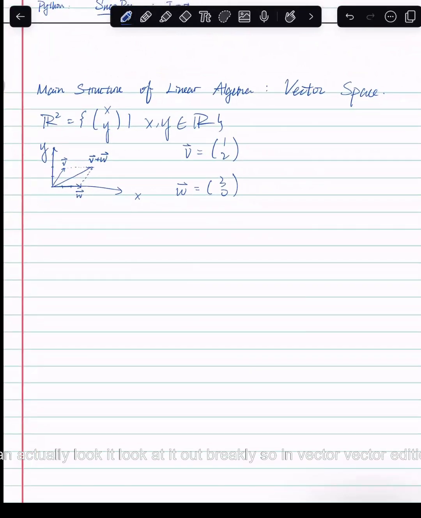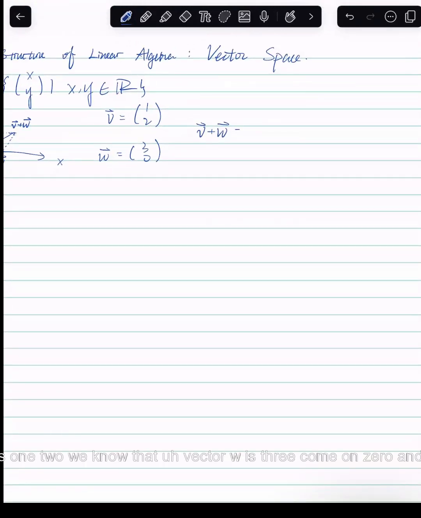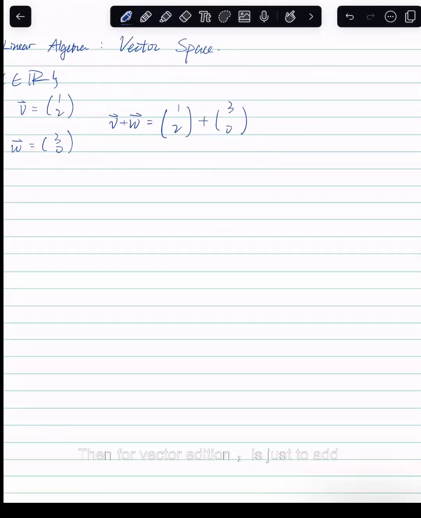In vectors, vector addition is just to add element-wise. We know vector v is 1, 2 and vector w is 3, 0. So it will be 1 plus 3, and the bottom will be 2 plus 0, and this will be 4, 2.